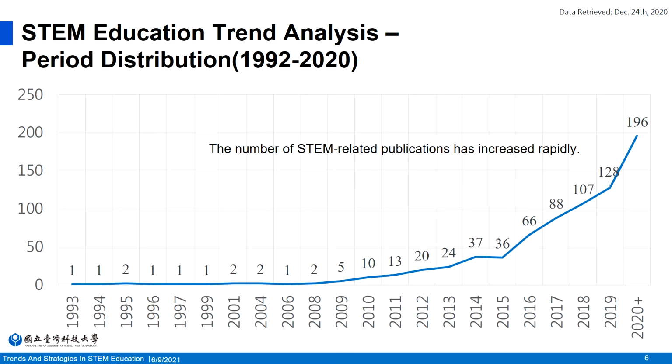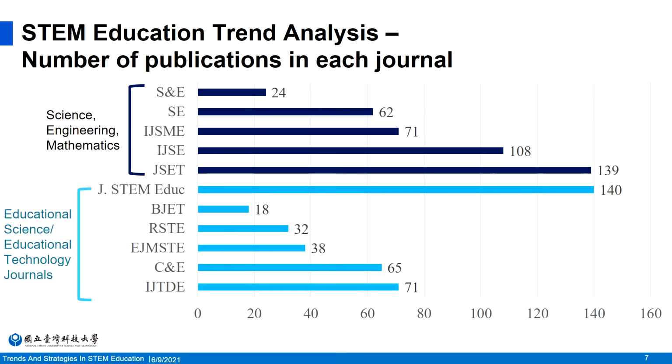As we can see from the slide, the number has increased rapidly, in particular in recent 10 years. That is, from 2010 to 2020. We also found that the number of publications in science, engineering, and mathematics education is more than that in educational science and educational technology journals.